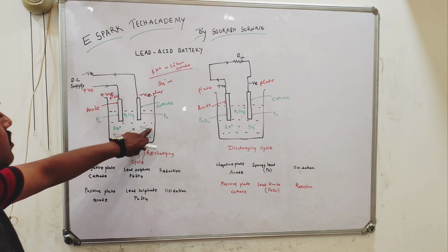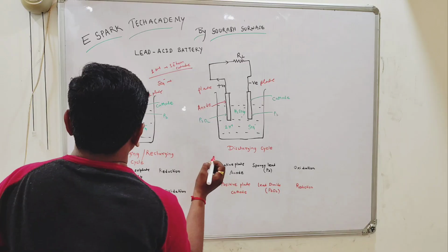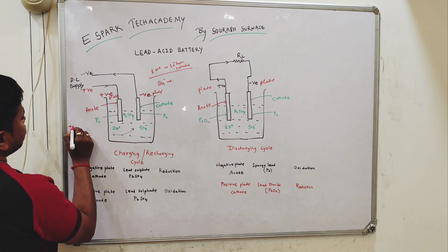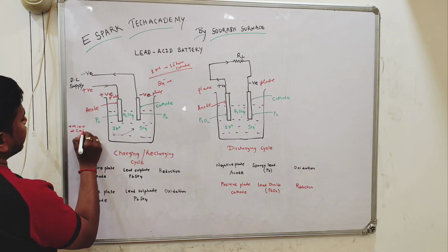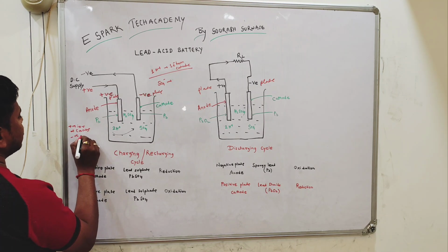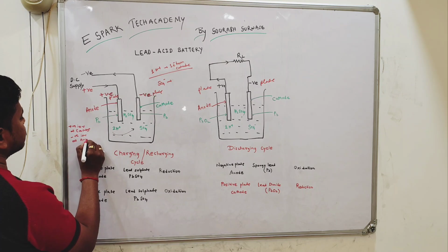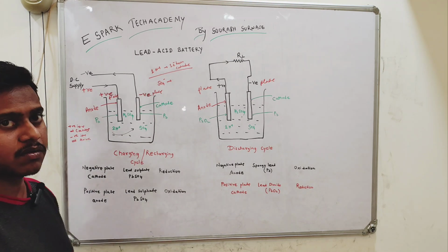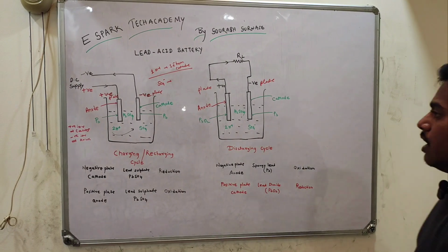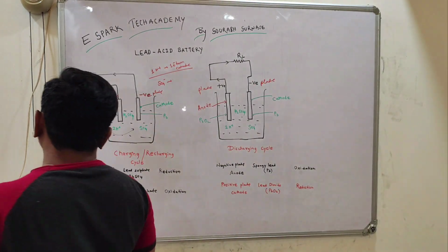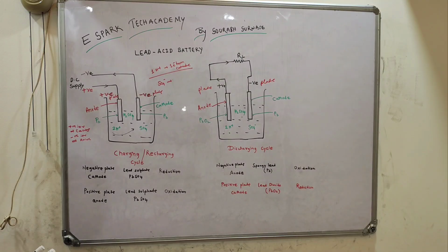These are negative ions. As you know, positive ions are cations and negative ions are anions.